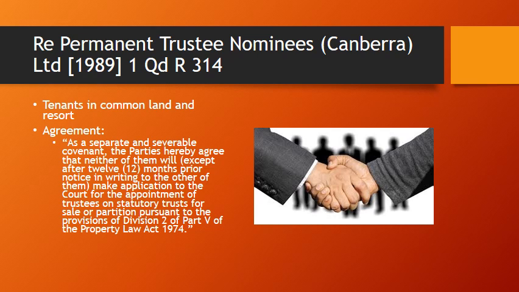Here we have an agreement as a separate and severable covenant, that is obligation, we'll come across that term later when we come to talk about leases. The parties agree that neither of them will sell the place, neither of them will make an application to that part of the Property Law Act, which I said before, without first giving the other party 12 months notice. So they're saying, look, we want a notice period here for each of us before we even try to sell this place. The question before the court was, well, was that agreement valid?